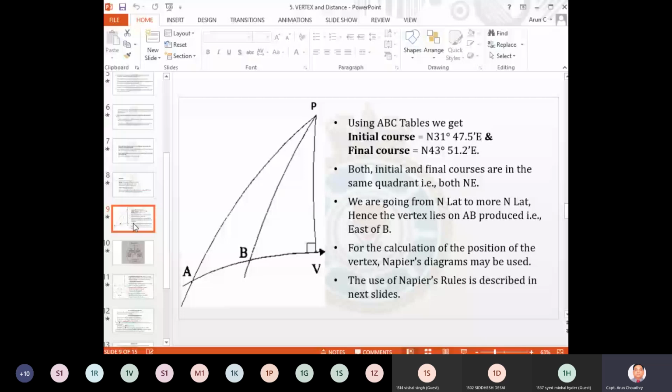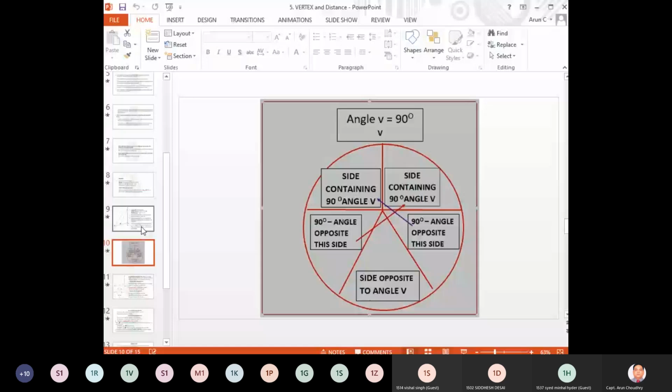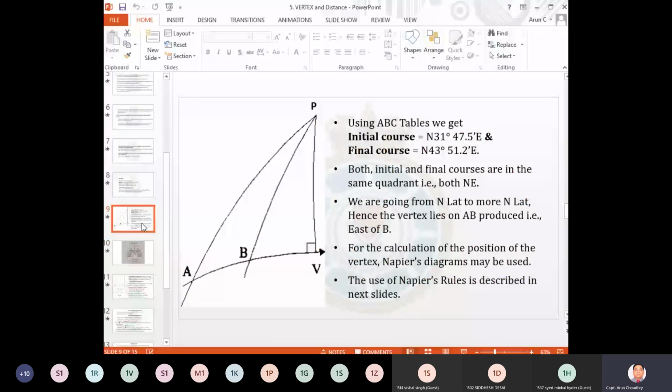So once we have calculated them, you see which angle is 90 degrees? Just give me the name of that angle. PVB. PVA. Good. Angle B is 90 degrees.